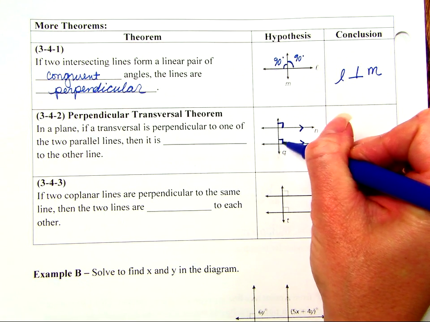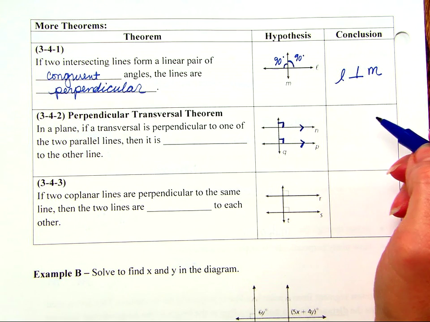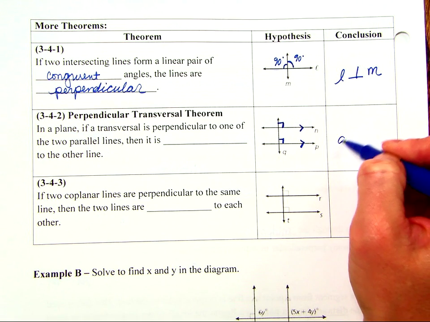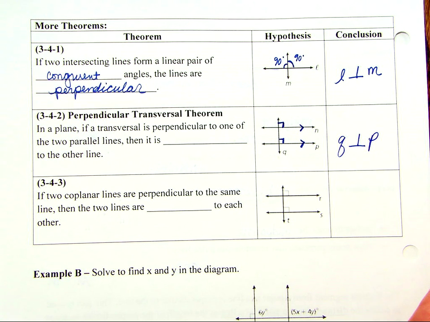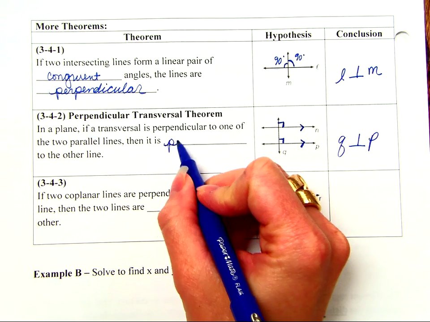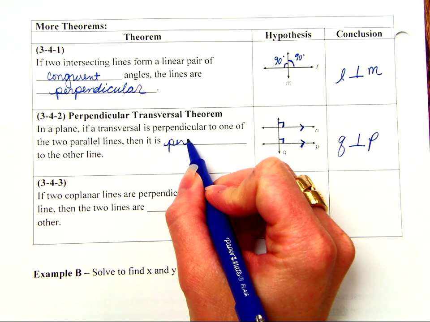This one's also going to have to be 90 degrees. So in conclusion, Q must be perpendicular to P. So in a plane, if a transversal is perpendicular to one of two parallel lines, it is perpendicular to the other line.